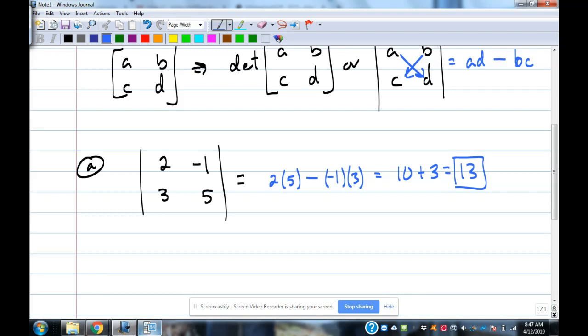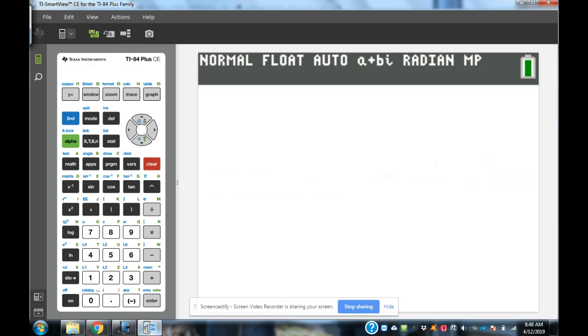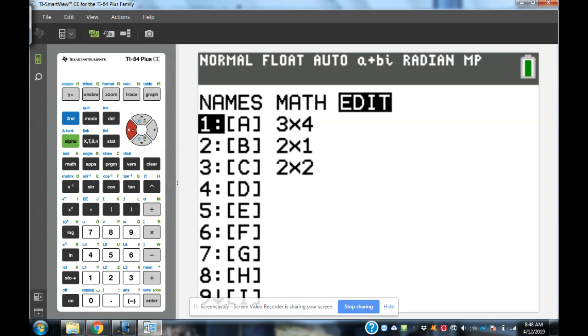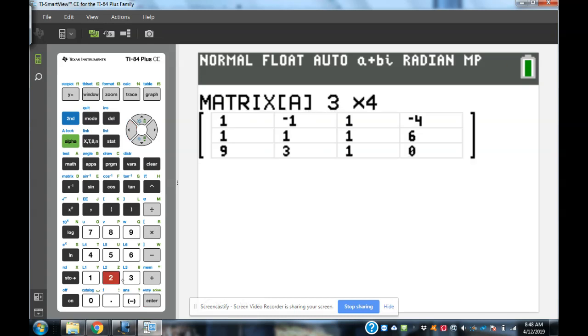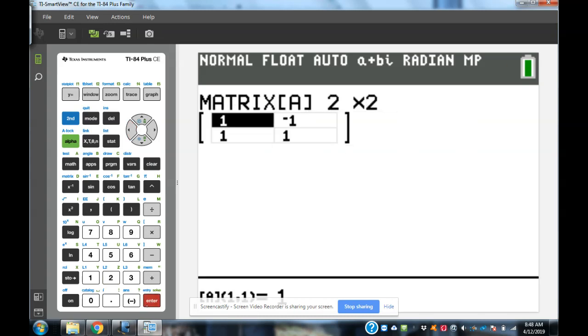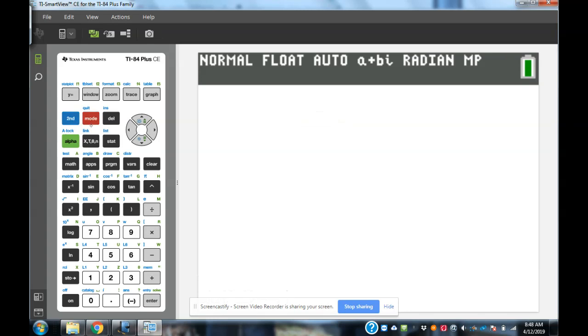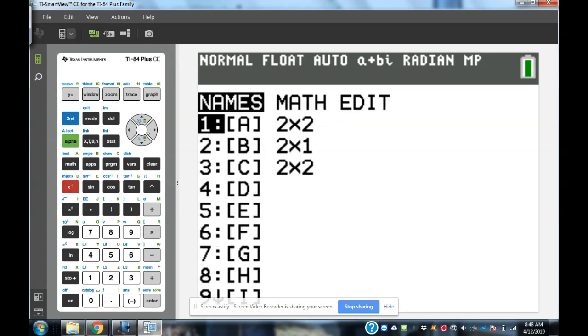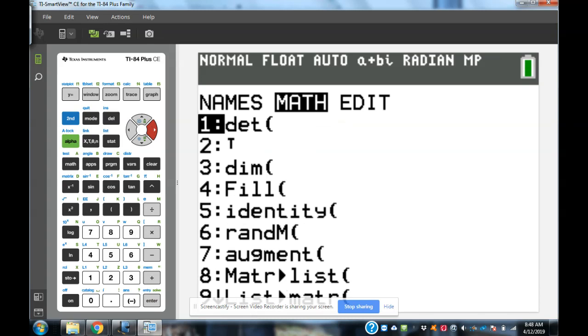Calculator-wise, you've got to go through the trouble of typing in that 2 by 2 matrix. So you go second, matrix, go over to edit, put in a 2 by 2, and then put in the numbers 2, -1, 3, and 5. Second, quit to go back to the regular calculator screen, then second, matrix, go over to math, and the very first option is determinant, which is the one you want.